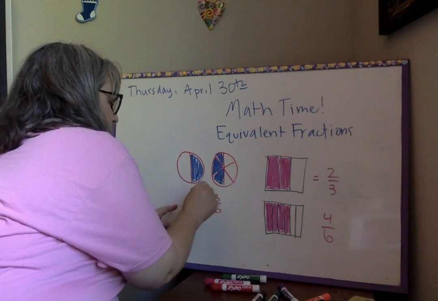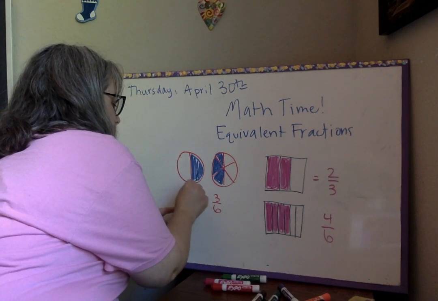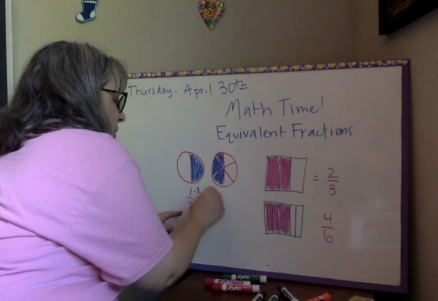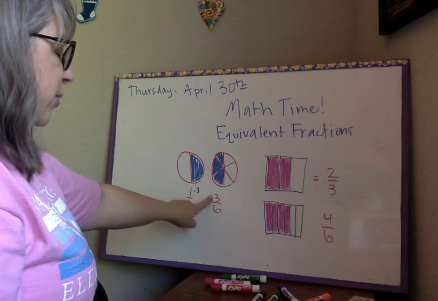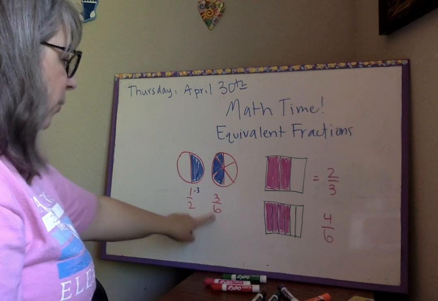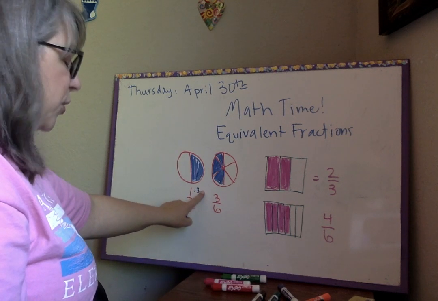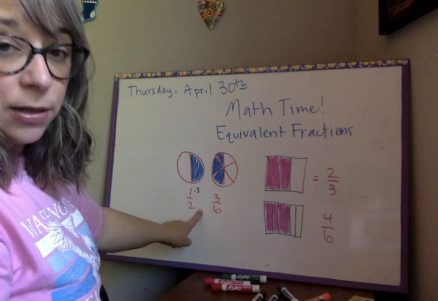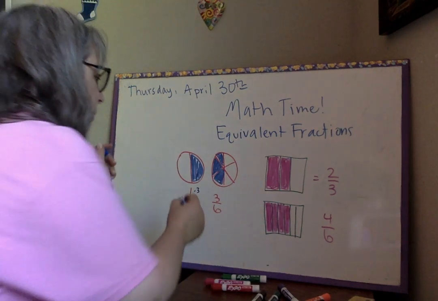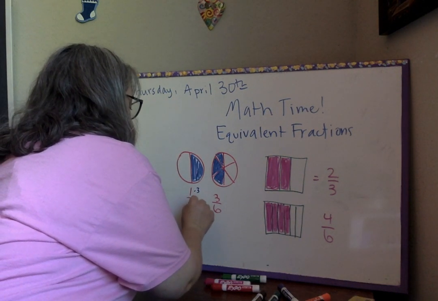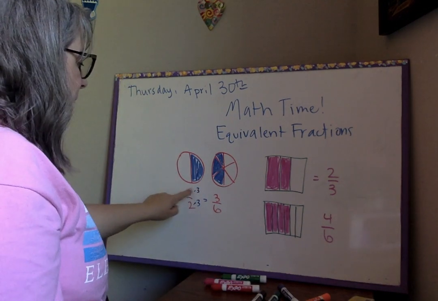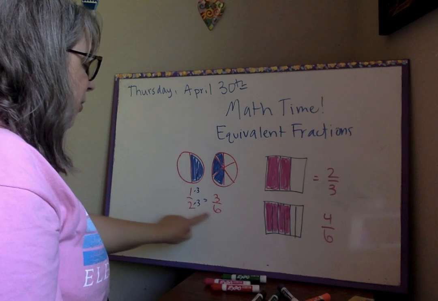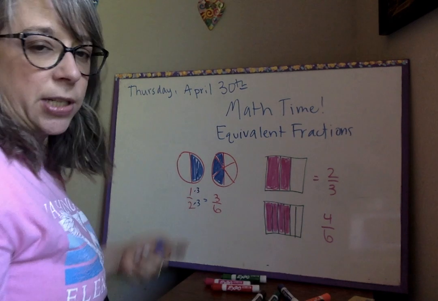To get to this equivalent fraction, we're going to think times 3. Since we already have this answer, we think, 1 times what is 3? 2 times what is 3? Since what you do to the numerator, you have to do to the denominator, we're going to do times 3, times 3. So 1 times 3 is 3. 2 times 3 is 6. That's how you know it's an equivalent fraction.